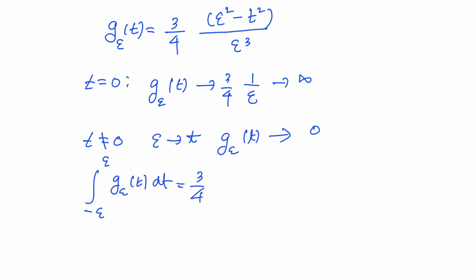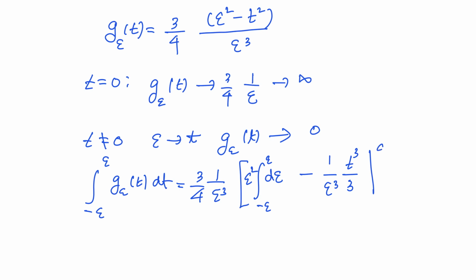3 over 4 times 1 over epsilon cubed, the integral of epsilon squared minus t squared dt, which is 1 over epsilon cubed times epsilon squared t minus 1 over 3 t cubed from minus epsilon to epsilon.